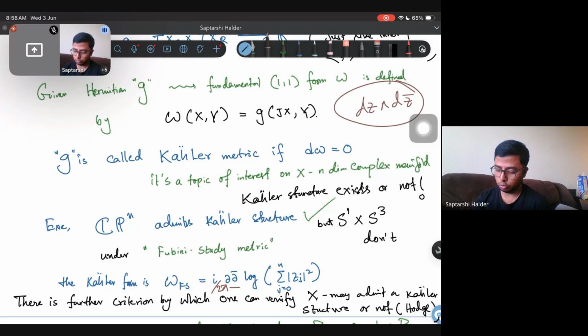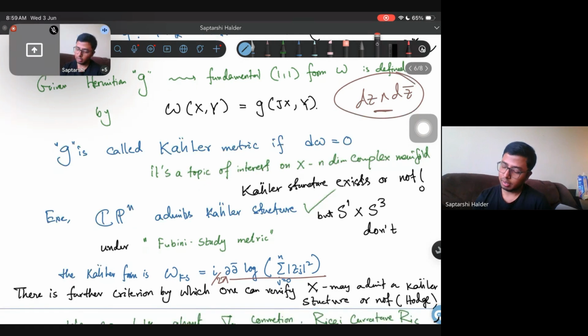Okay, if you split out this thing, you will get this kind of thing over here. So it's indeed a 1 form, and where all the things I have said are satisfied. So under this Fubini-Study metric, the CPN admits a scalar structure, and the scalar form is precisely this thing.